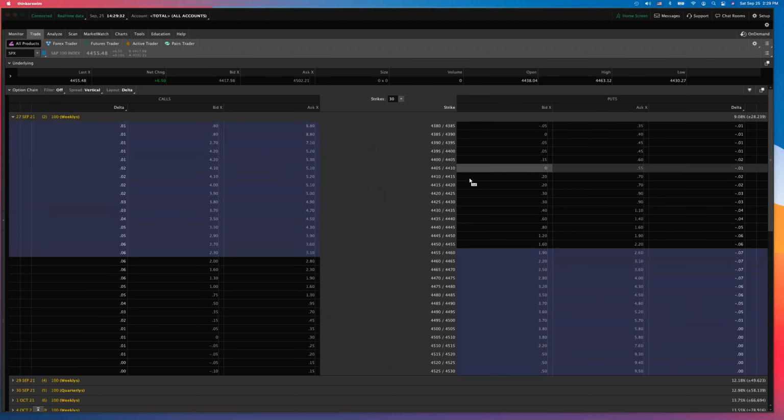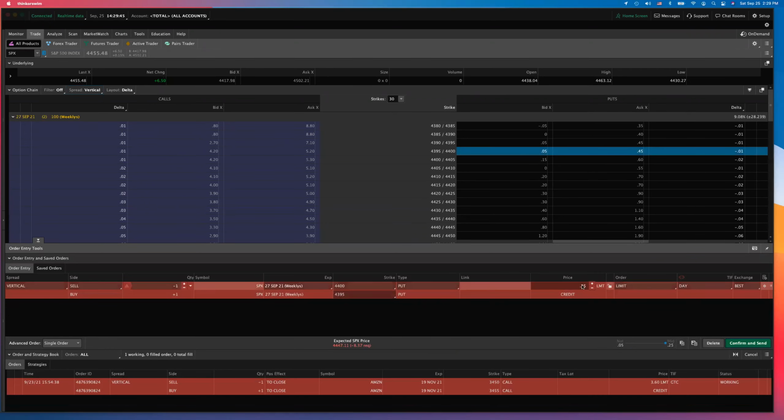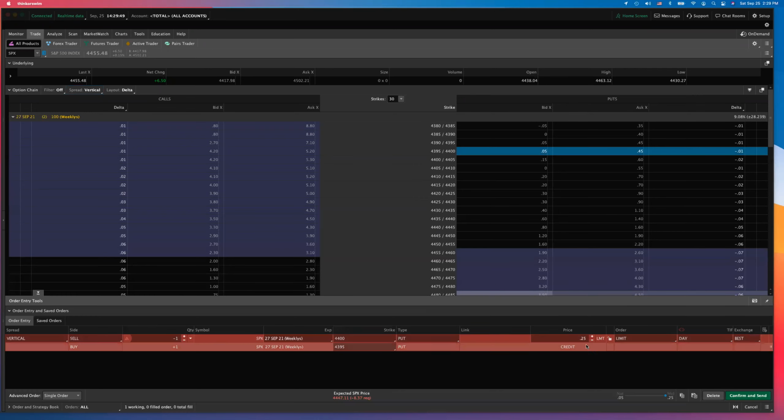I would look for the 43.95, 4,400, which is that one, and I would press the bid column. That should give me the same thing, 25 cents. Do you see that? 25 cents. So I did that for the benefit of our Canadian friends who do not have a layout that is similar to these.